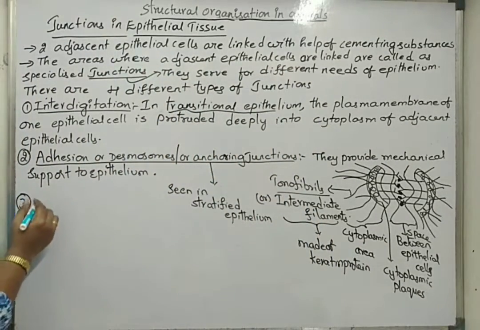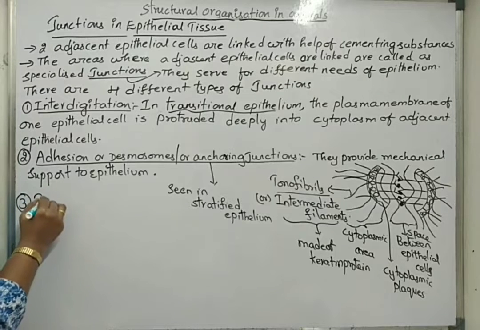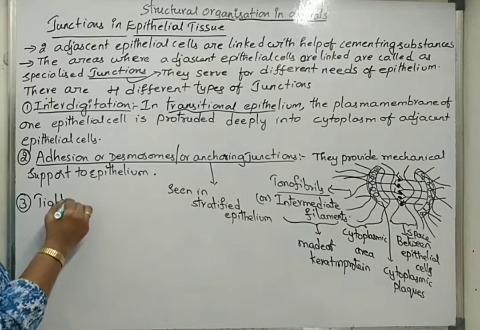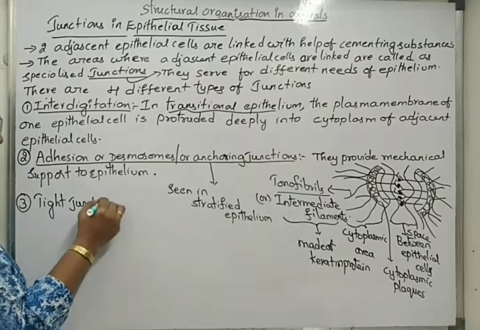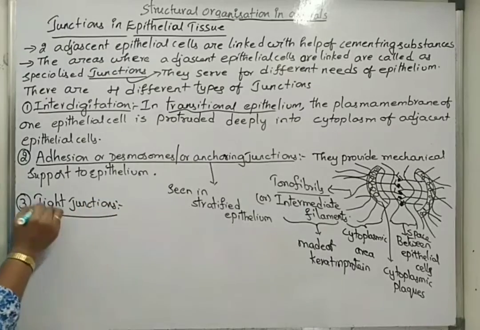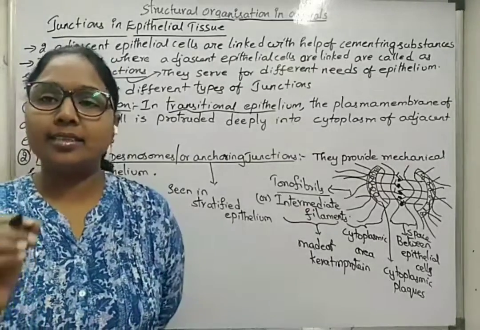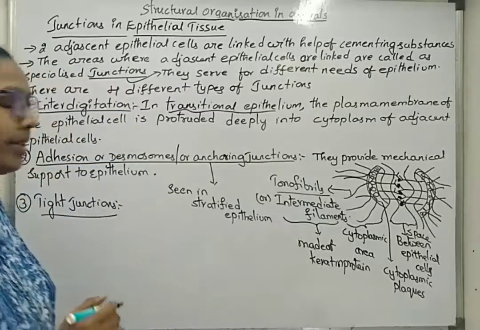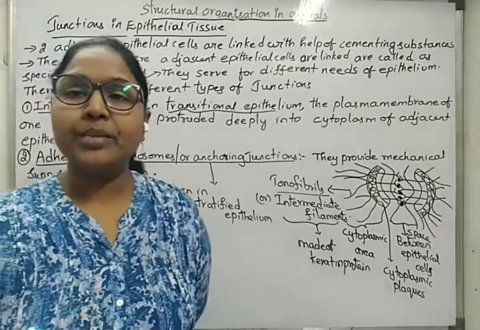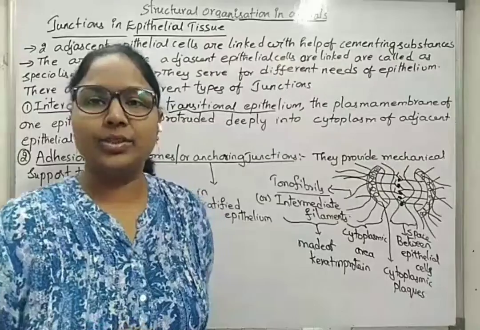Third one, tight junctions. Tight junctions are the links within the epithelium which are used to prevent leakages within the tissue.